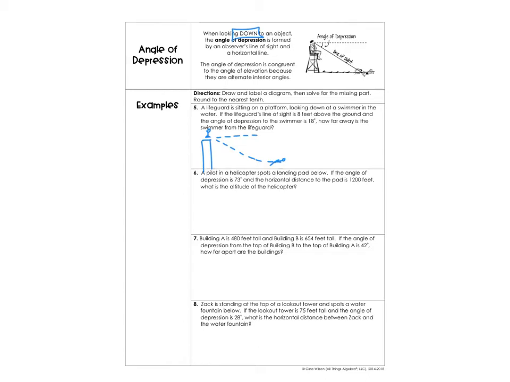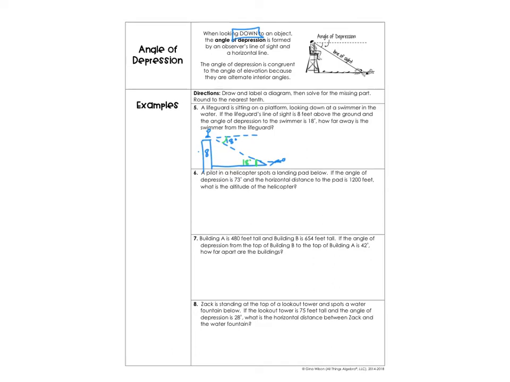Okay, the lifeguard's line of sight is 8 feet above the ground. Okay, here's the ground. It's 8 feet above the ground. And the angle of depression to the swimmer is 18 degrees. Now, this is the angle of depression. These are alternate interior angles, so that is also 18 degrees. That's what that alternate interior congruence is.